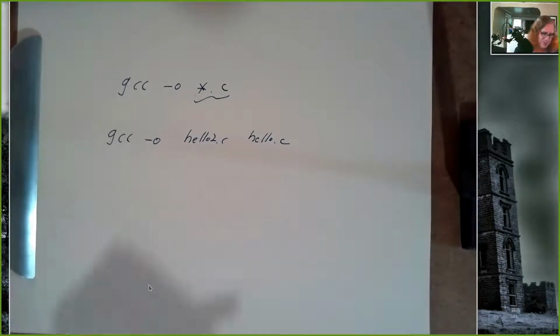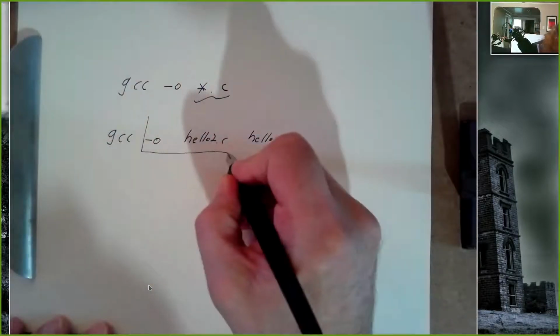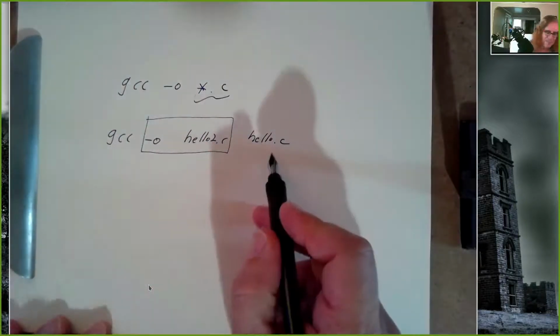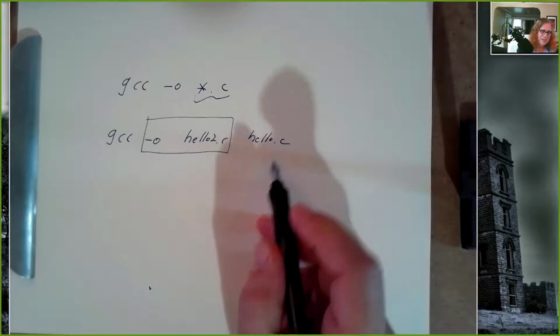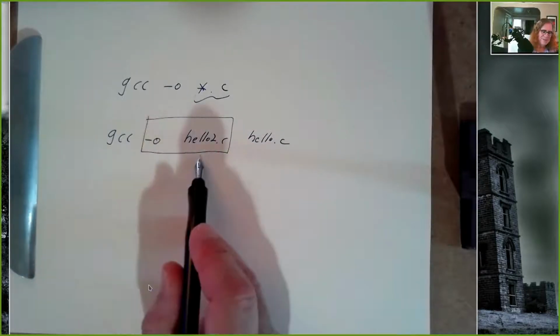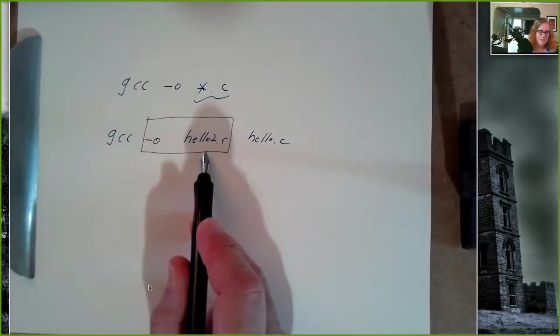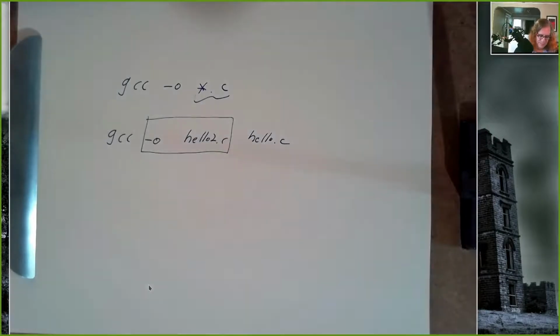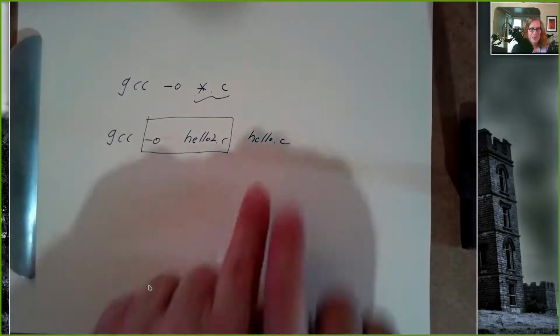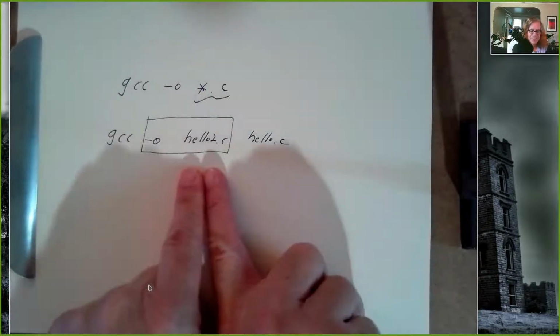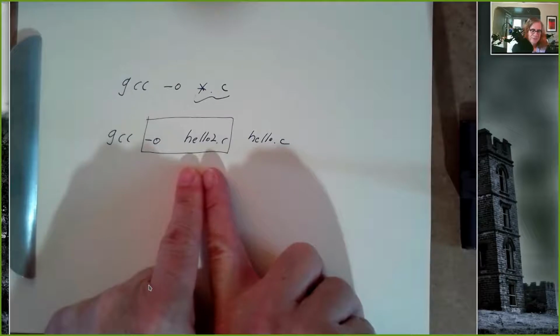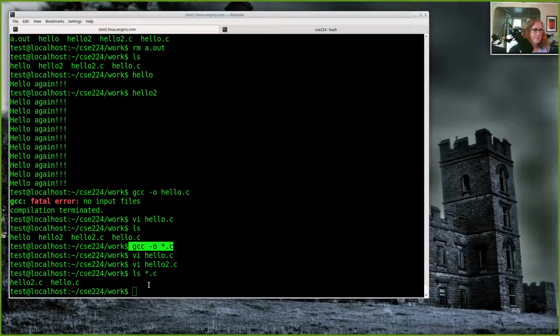And what did it do? It said, okay, I'm going to compile hello.c. I should put the executable file into something called hello2.c. And the fact that hello2.c already existed didn't bother it. It simply overwrote it with the executable version of this. My source code is lost. No way to get it back.